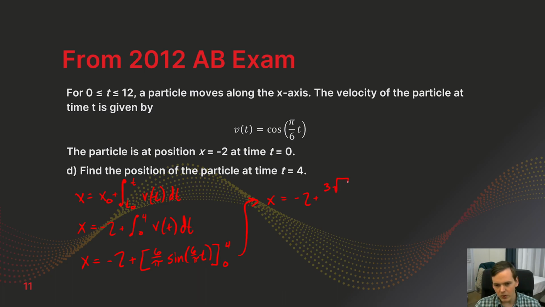But if you do that, which I would encourage you to try just for practice, you should end up with x equals -2 plus 3 square root 3 over pi. This is all stuff you should be able to do by hand without a calculator. If you have any questions, let me know, but otherwise that's an example of kinematics with calculus from the old AP exam.